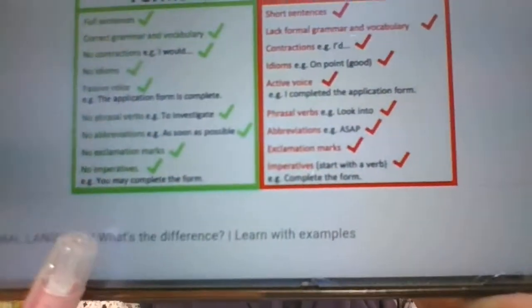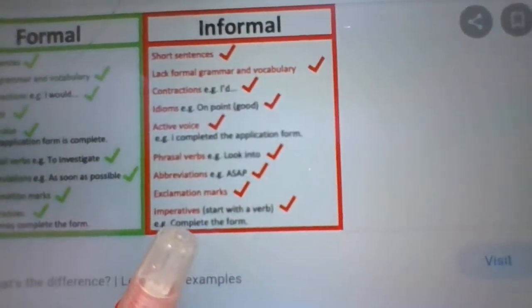What is a verb? I know you still remember what is a verb. Kata kerja, right? Verb, action words, the thing that you do with your whole body. That is one of the definitions of verb. Verb is kata kerja. Complete means you do with your hands. Complete, siapkan, or isi.